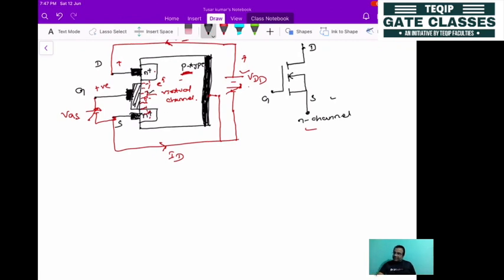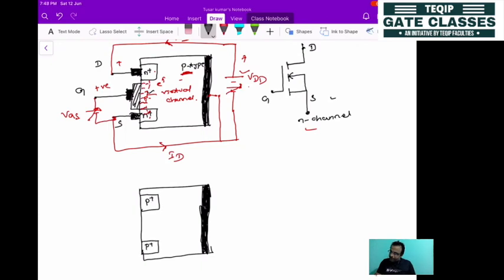So let's say P channel MOSFET. Take one bulk N type material. Then after that, just connect here a metallic contact. Then here we put P plus type material, here also P plus type material.